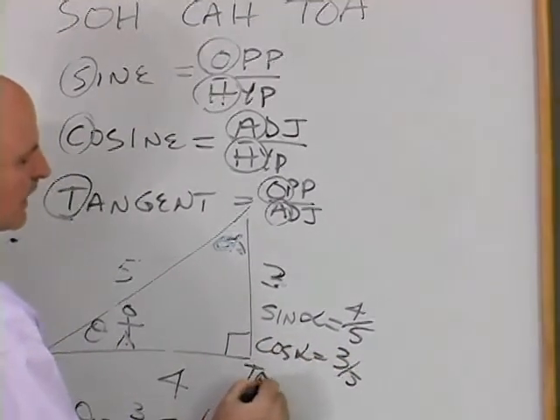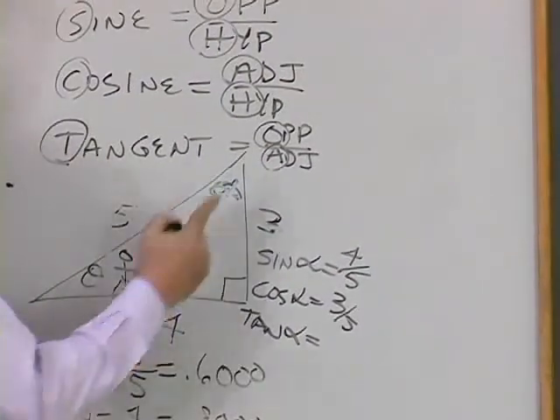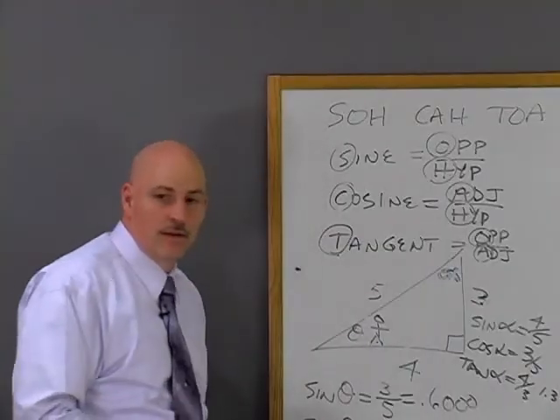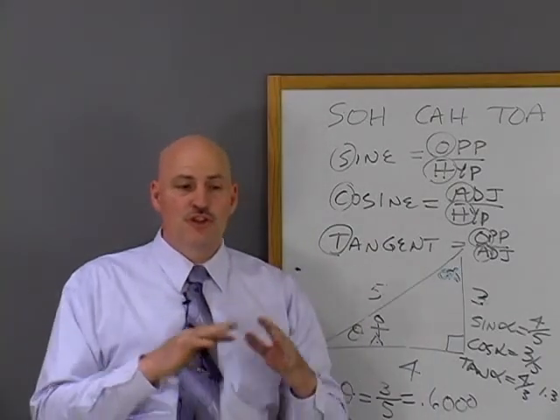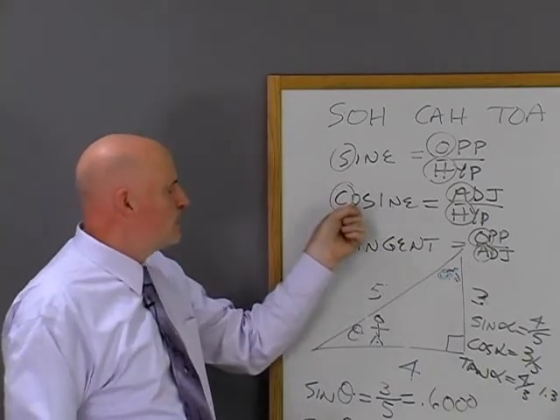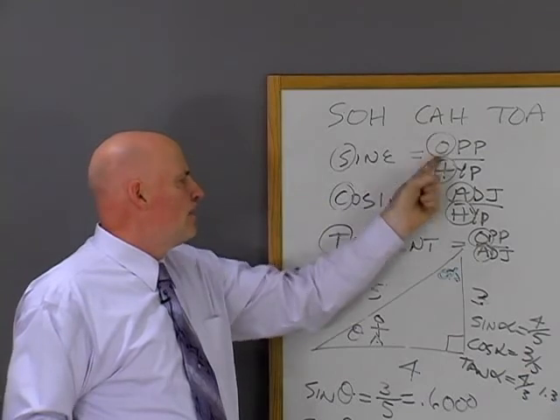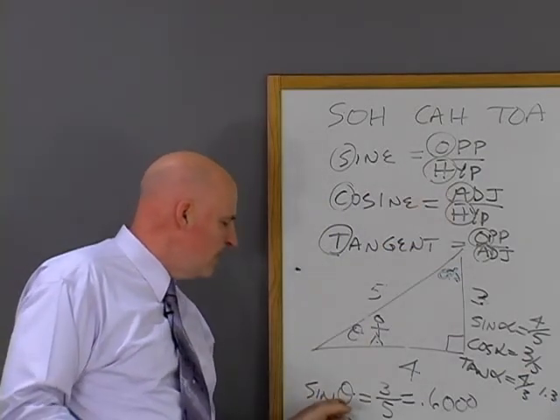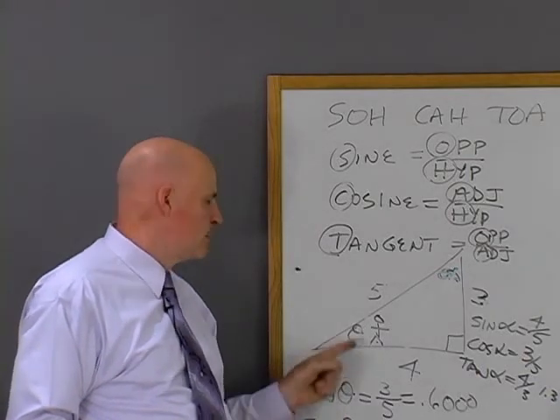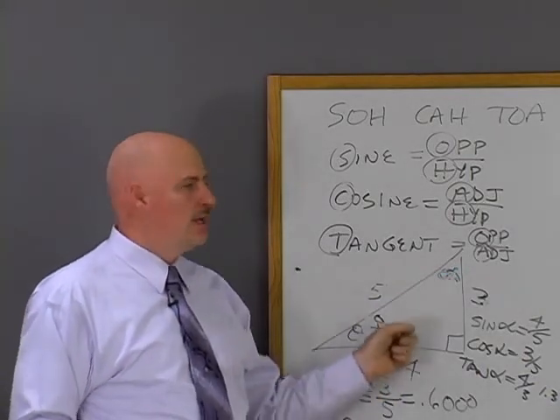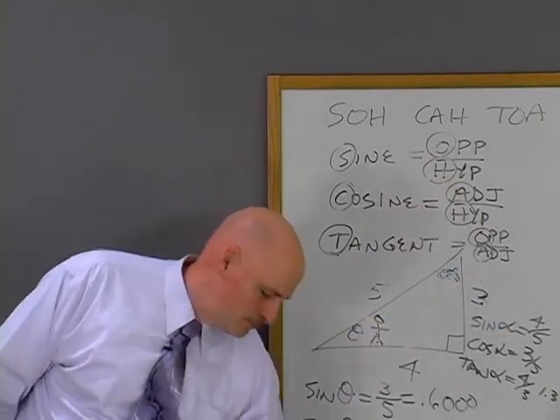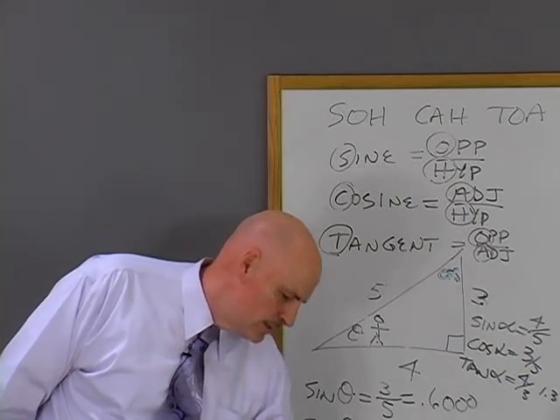What would the tangent of alpha be? 4 over 3, which would be 1.3333. So these are the trigonometric ratios: sine, cosine, tangent. You've got to know opposite, hypotenuse, and all that. But the key thing for finding the numerical value is making sure where you're starting. Are you starting here or here? The ratios are constant, but the numbers will change depending on where you're standing.